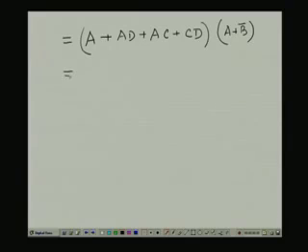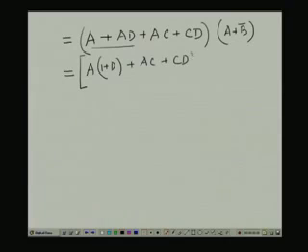Now again I will take A common, so this becomes 1 plus D, plus A C plus C D, times A plus B bar.